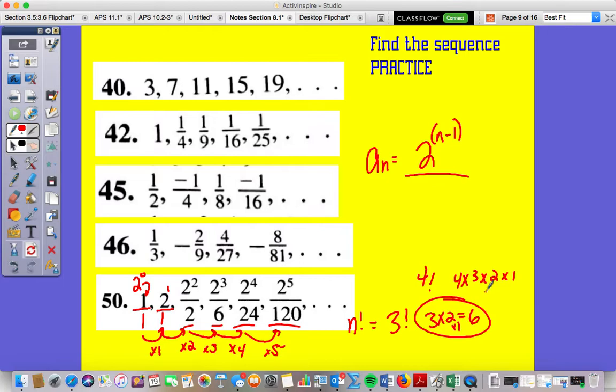So that would be 24, right? And what happens is it keeps multiplying by one thing that's greater as you move forward. So if I did n factorial here, 1 factorial is 1, 2 factorial is 2, 3 factorial is 6, 4 factorial is 24. And you'll notice the pattern that's there.